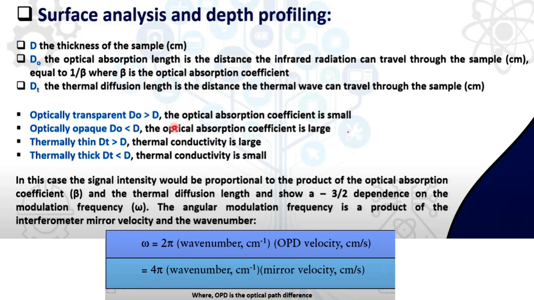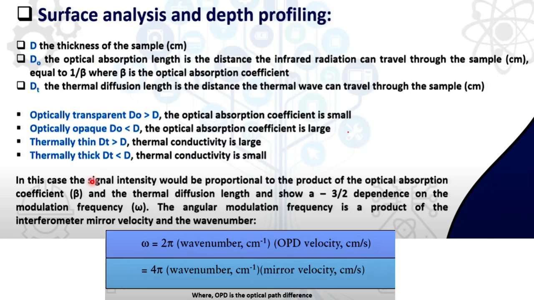And thermally thick or thin depends on the heat capacity and conductivity of the material. For dt, the thermal diffusion length, the distance traveled from the surface, if dt is less than d, it is thermally thick, and if dt is greater than d, that is thermally thin.